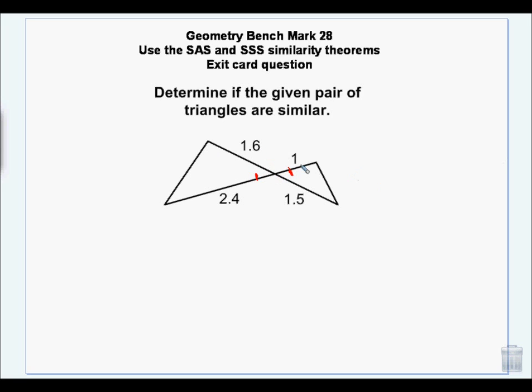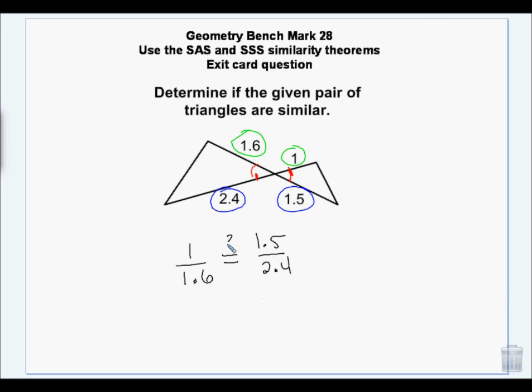Sorry, see how this is short and this is short and this is long and this is long? So same sides. So 1 goes with 1.6 and 1.5 goes with 2.4 because this is the long side, this is the long side, short side, short side. So I need to set these up into proportions and see if they're equal. Now this one, they don't easily reduce, do they?